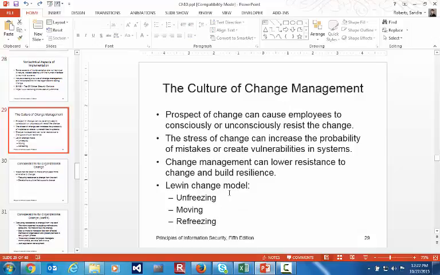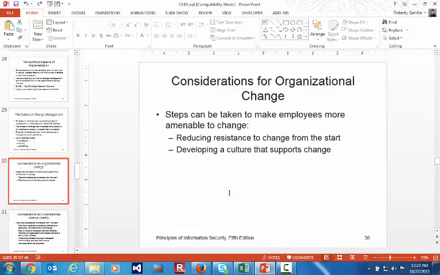Okay, change. People don't want to change, so we're talking about unfreezing hard and fast habits, preparing the organization, the people, the systems, and the procedures, moving, transitioning from one to the other, and then refreezing in this new organizational culture that you've created.